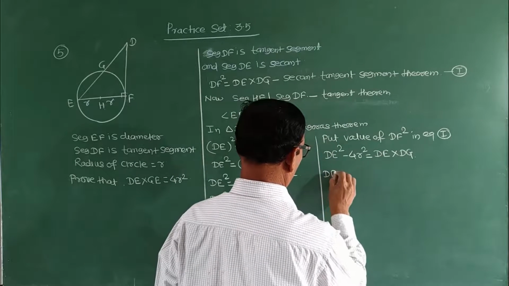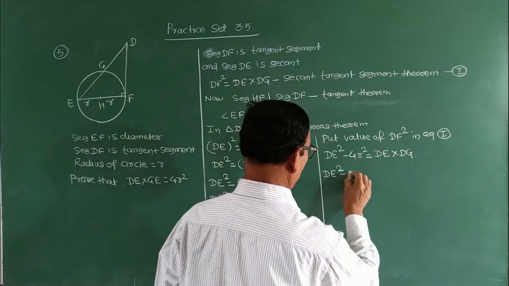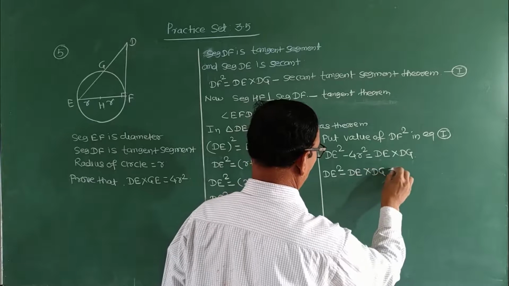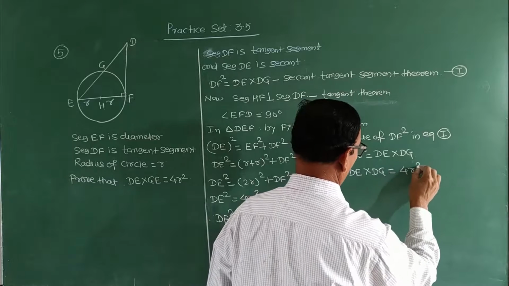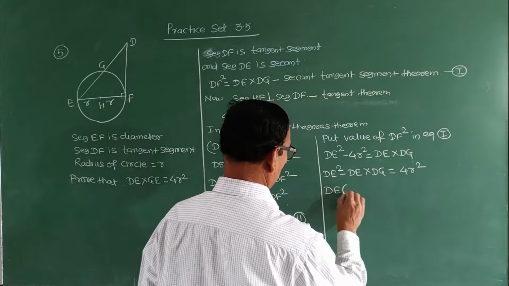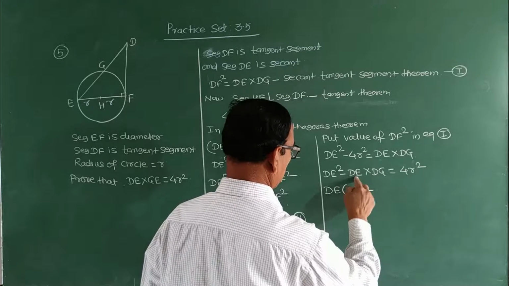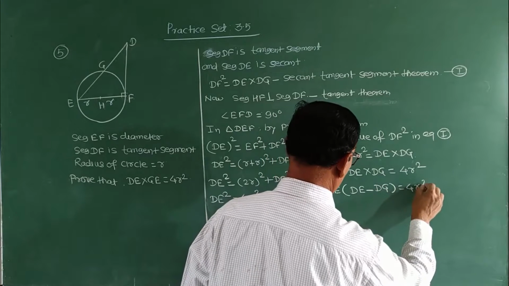Take DE square on the left hand side, so this will be DE square minus DE into DG, and 4R square on the RHS, so this will be plus 4R square. Now take common DE. So here we will have DE into (DE minus DG) equal to 4R square.